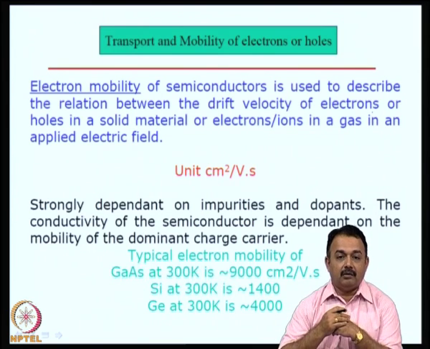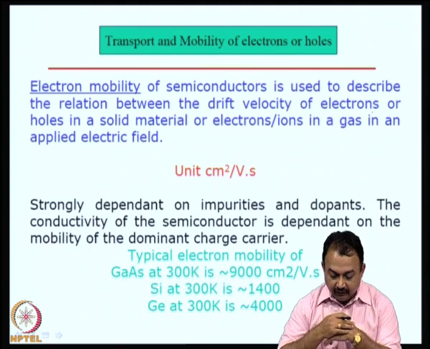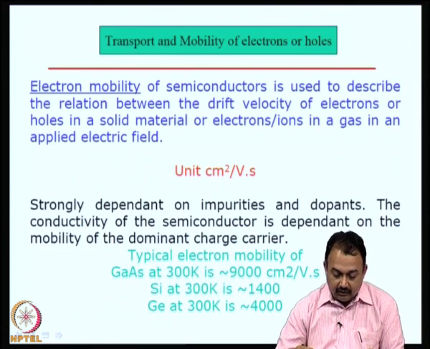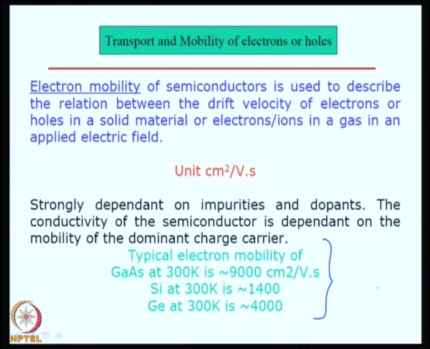So, typical electron mobility for gallium arsenide is around 9000, for silicon at 300 K is around 1400, and for germanium at 300 K is around 4000. So, you are going to look at this physical property when you are looking at the use of different compound semiconductors or silicon.